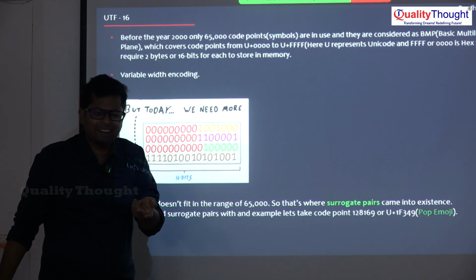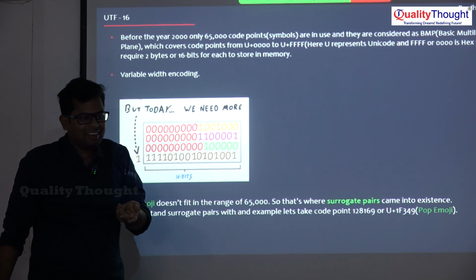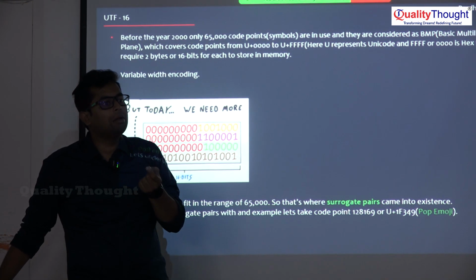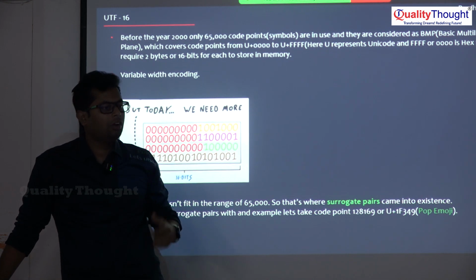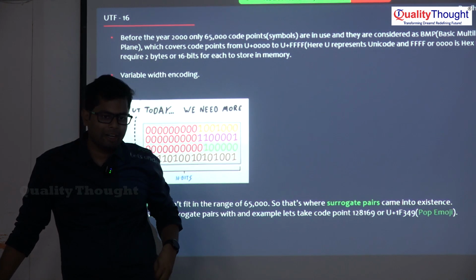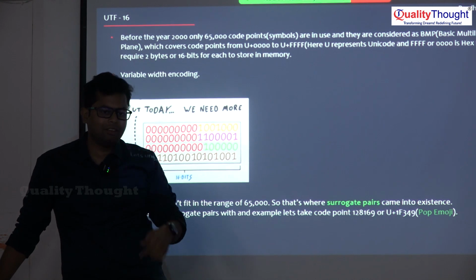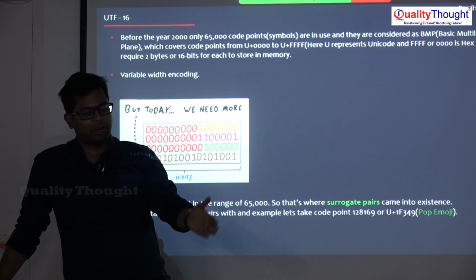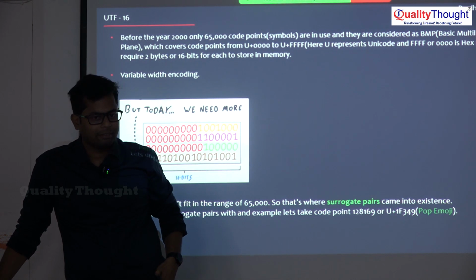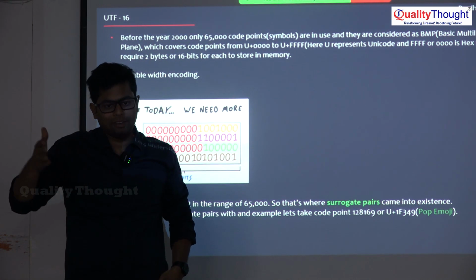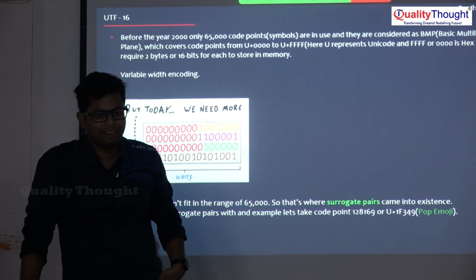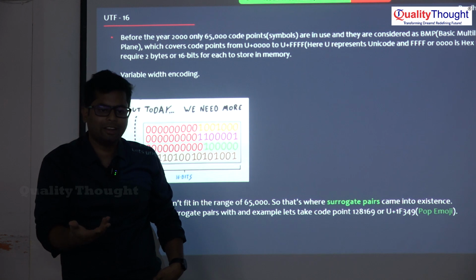2 bytes is more, correct? For the first 127 symbols, you are giving an additional byte when they can be represented in 1 byte. Am I right or wrong? The first 127 characters, which are our ASCII characters, how many bits do they require? 7 bits, correct?